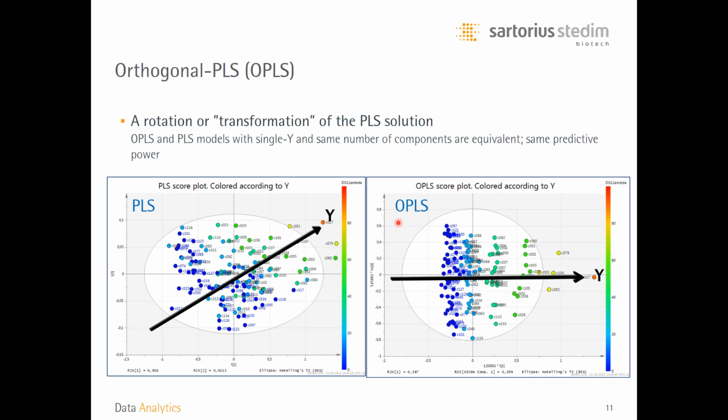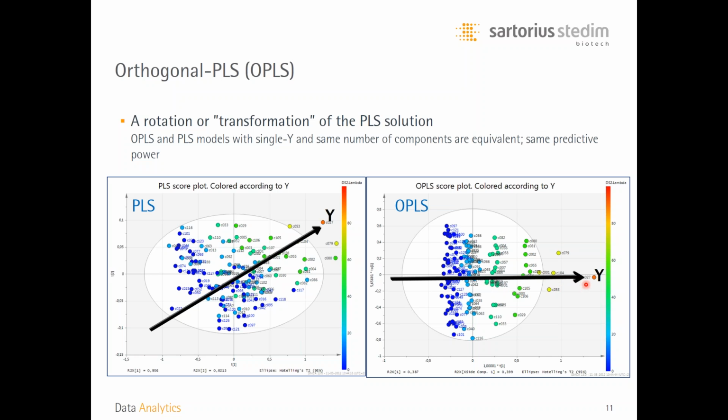In the right-hand part, we see a similar score plot developed for the OPLS model, and we can see how a rotation has taken place such that the predictively interesting information is now zoomed into or focused into the first component only. So when we are going from left to right in the horizontal direction, it corresponds to increasing contents or levels of the analyte of interest.